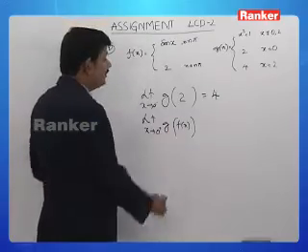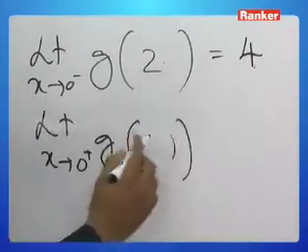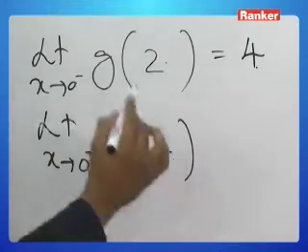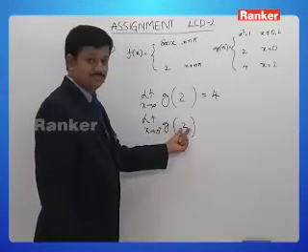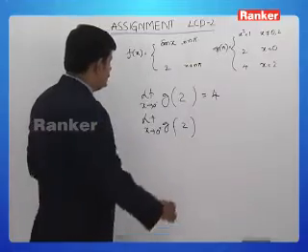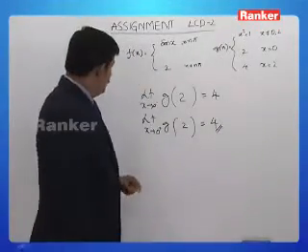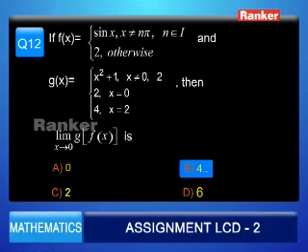So, f of x is again 2. It is a constant function 2 in the neighborhood of 0. So, we can write it as 2, and g of 2 we know again is 4. So, both left hand limit as well as right hand limit are equal to 4. So, the limit exists and is equal to 4. So, the option is B.